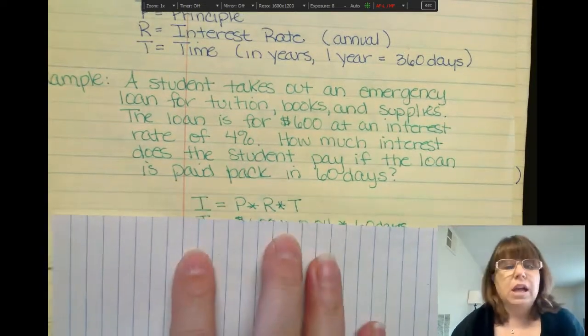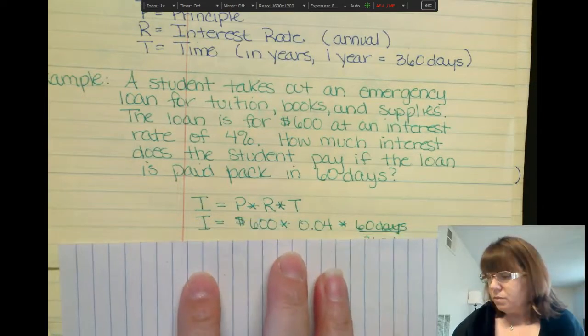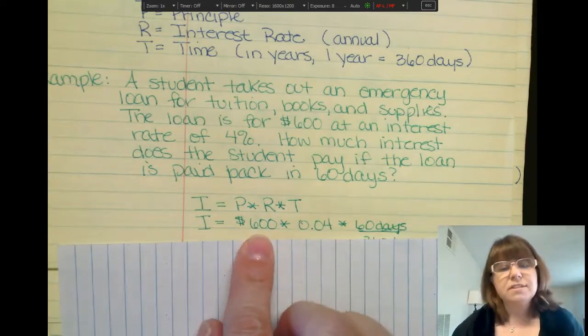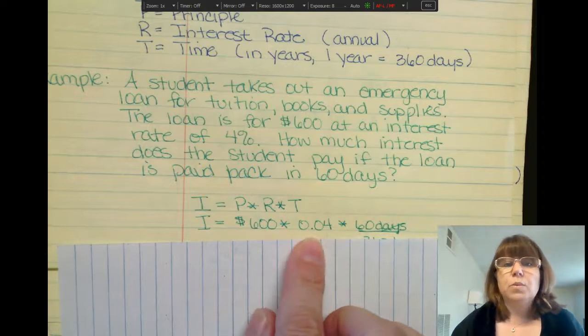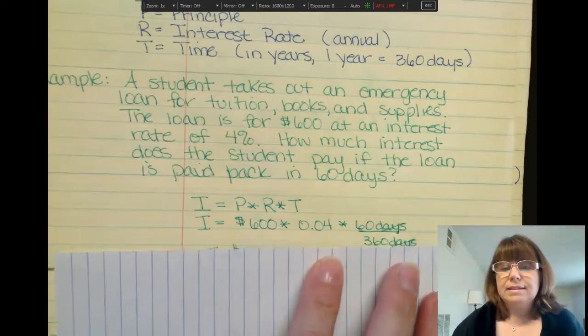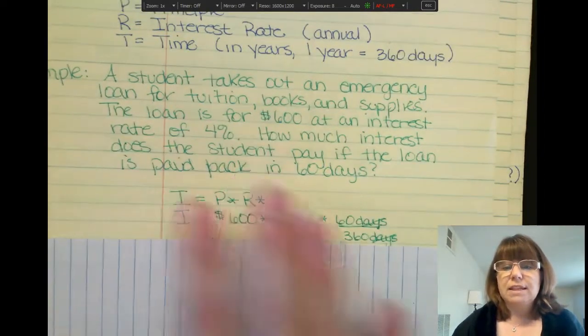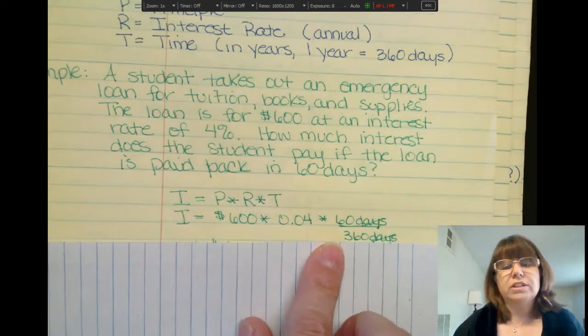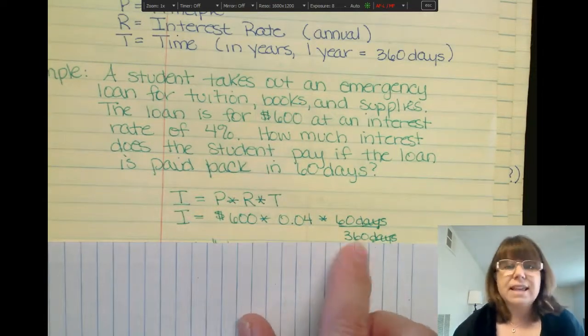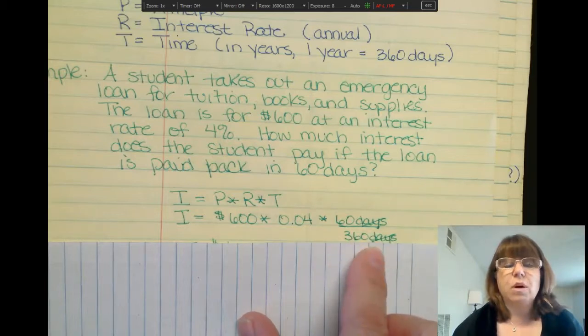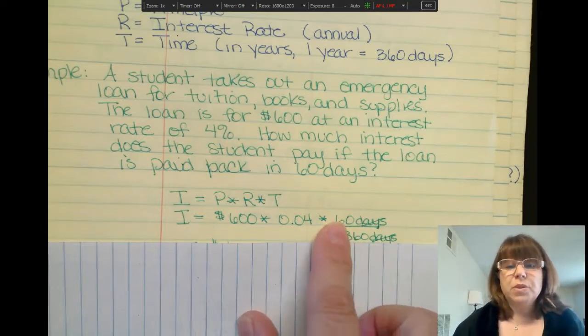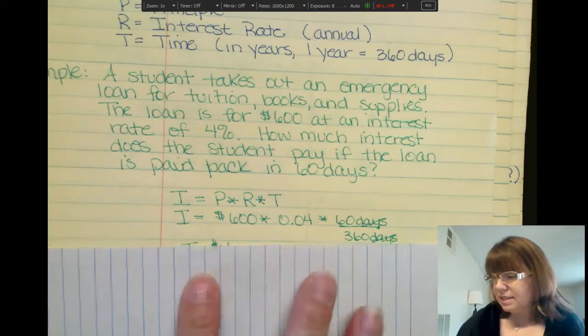So, I equals PRT. So the principal is $600, the rate is 0.04, and our time is 60 days over 360 days. And days cancel out, so either you can add them on there and cancel them out, or just leave them off. But 60 over 360 reduces down to 1/6.